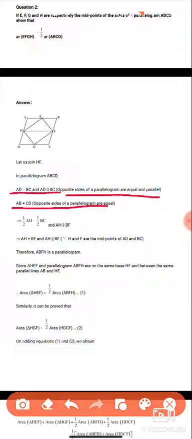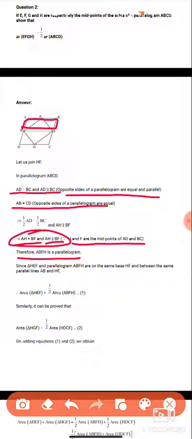So here AH equals BF, and if it is equal then it is parallel also, because if the whole is equal, the part is also equal. So AH equals BF because H and F are the midpoints of AD and BC. Therefore, since the opposite sides are equal and parallel, we can say that ABFH is a parallelogram.